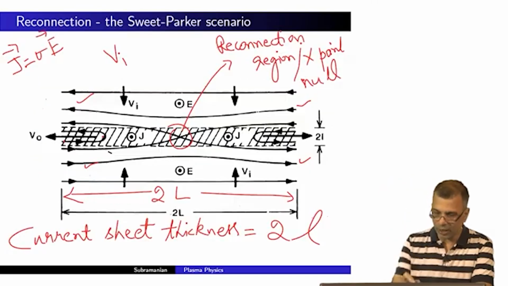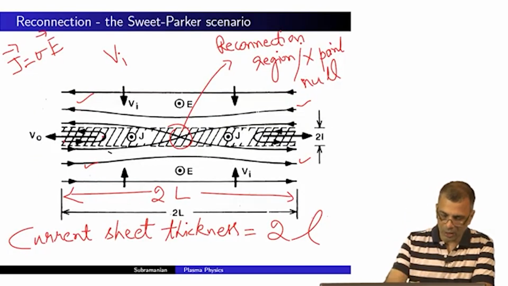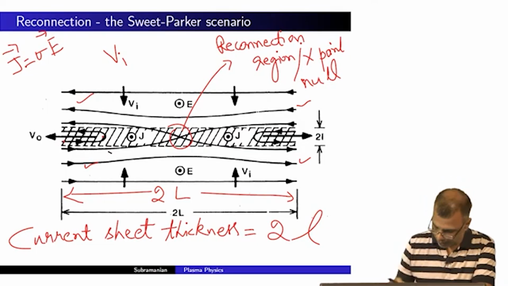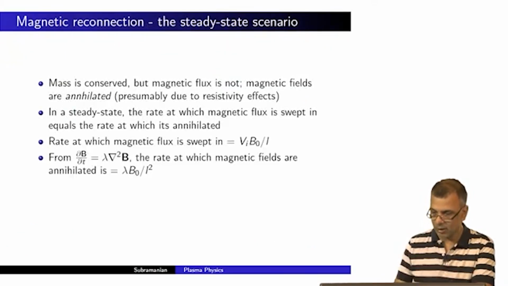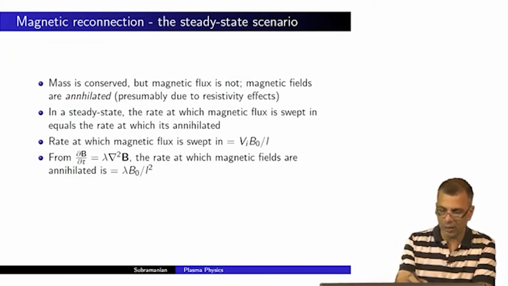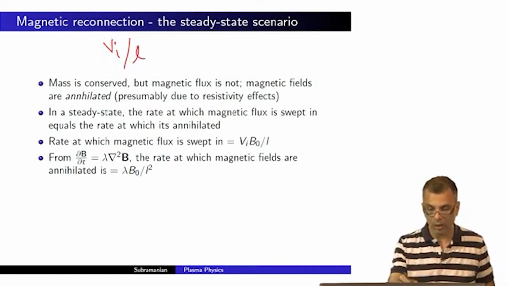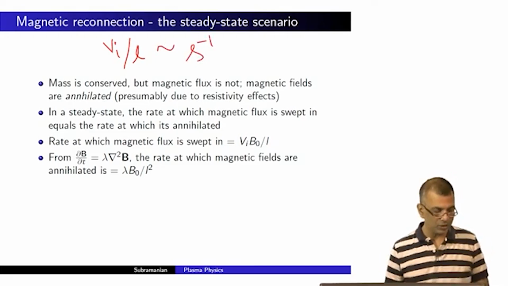You see, Vi is the speed at which the magnetic flux is brought in. And this whole annihilation is happening over the thickness of the current sheet. You agree, 2L, and therefore the rate would be Vi over L, like that. In other words, the dimensions of Vi over L would be per second.